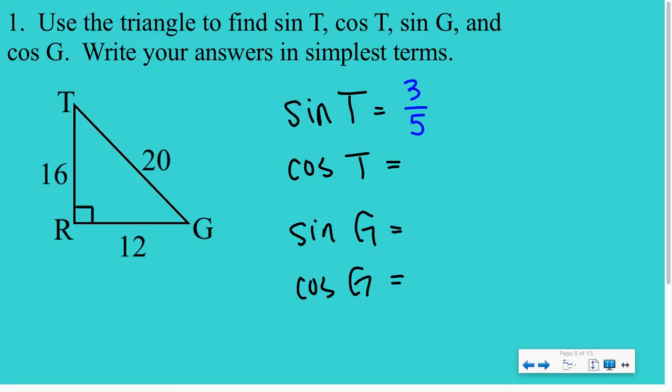Did you get your cosine, Anna? Try again. Did you get them, Barbie? What did you get for your sine of g? 4/5. How about your cosine of g? Good.